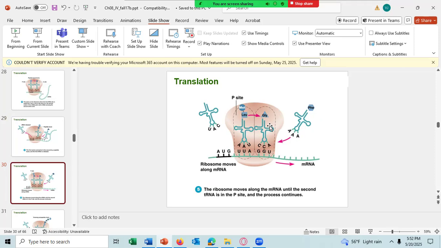So once again, the tRNA is reading the messenger RNA. Once again, the RNA enzyme in the ribosome will remove this amino acid from this tRNA and then link it to the newly added amino acid in the tRNA.